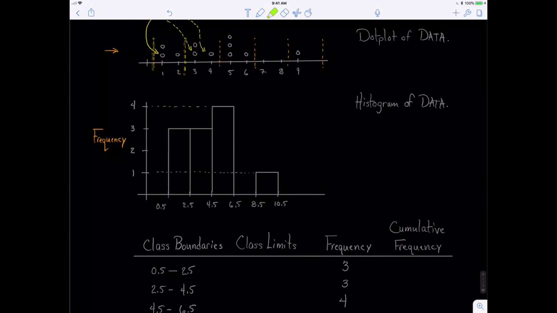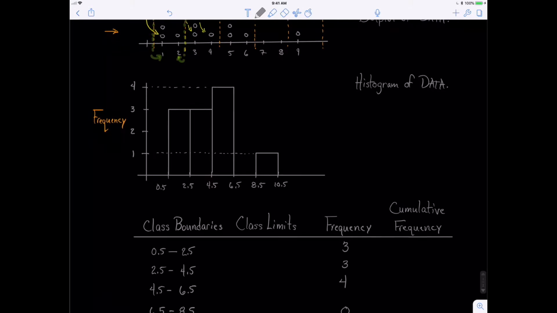So you look at your lowest class boundary and you go up to the first whole number, and at your highest class boundary you go down to the first whole number. Those two numbers, from 1 to 2, are called the class limits. If these were larger classes, there'd be more space in between, but that's all it is. It's just the nearest whole numbers inside of the class boundaries.